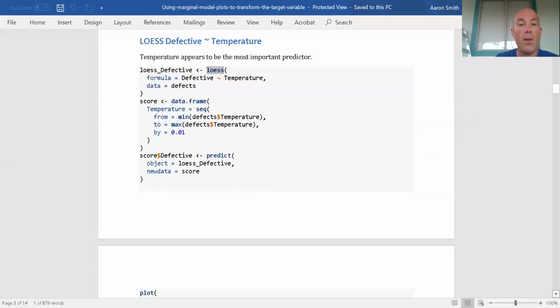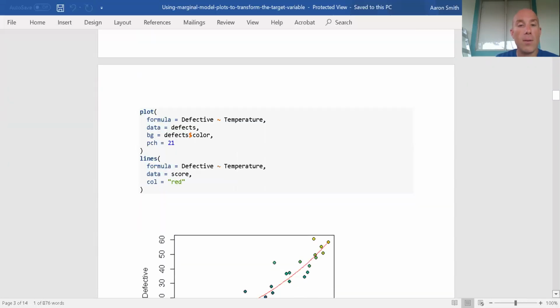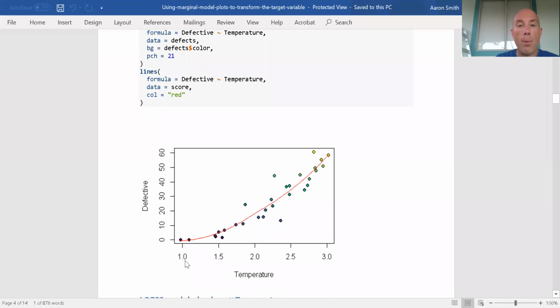So when I plot the lowess model, it looks pretty good. Now, what kind of shape from college algebra would that look like? Maybe like a quadratic, possibly. I don't know, maybe. What's nice about this is that it gives me an idea of what I should try if I'm going to try a transformation.